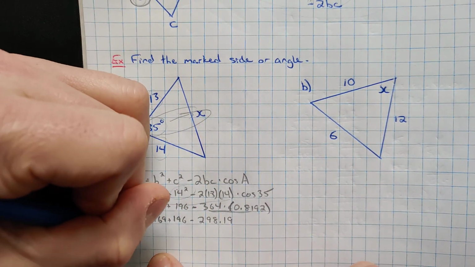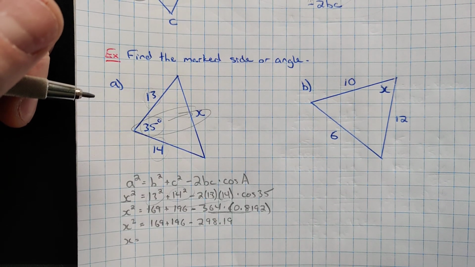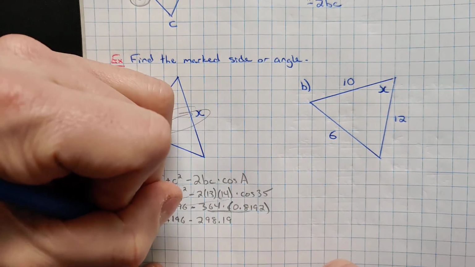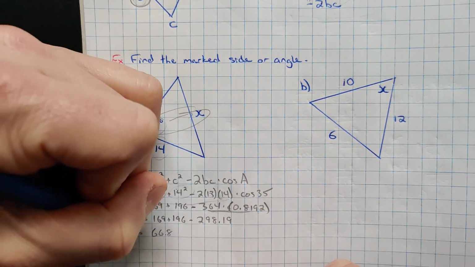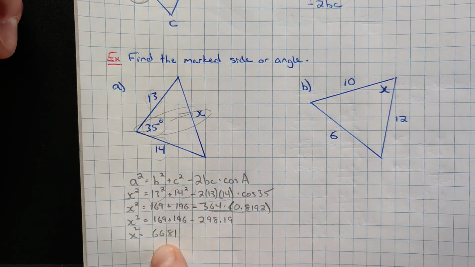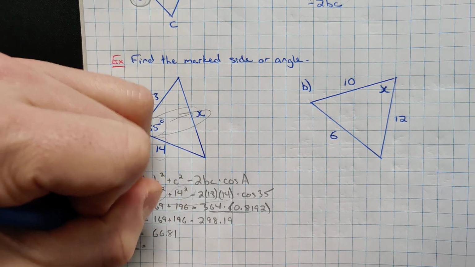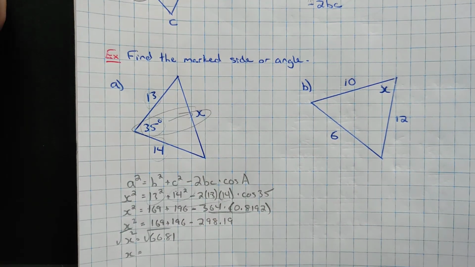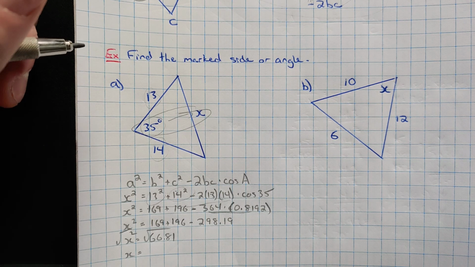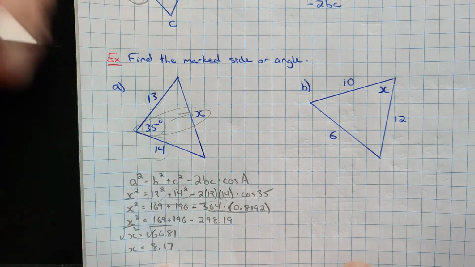Now I can subtract and add 169 plus 196 minus 298.19. And again, I get approximately 66.81. Now that's x squared, so I take the square root of that. So just take the square root on both sides. And if I take the square root of that, I'm going to get 8.17.